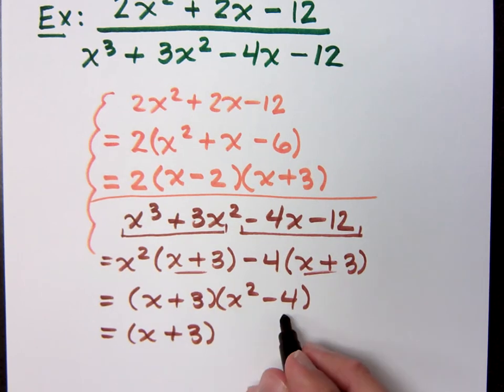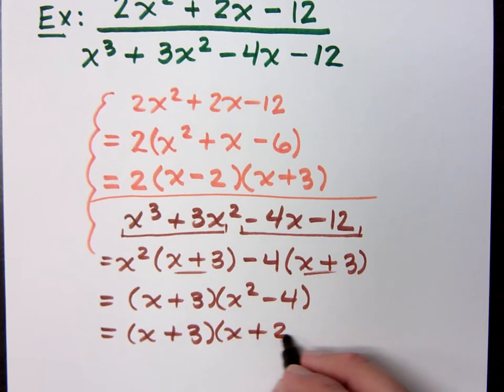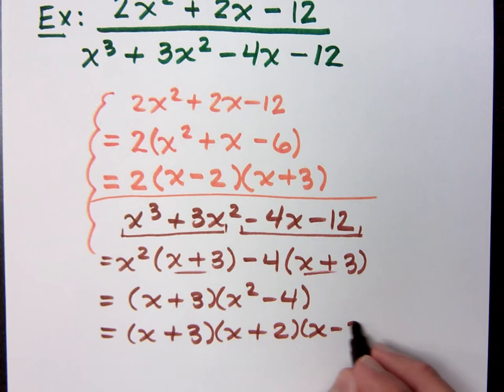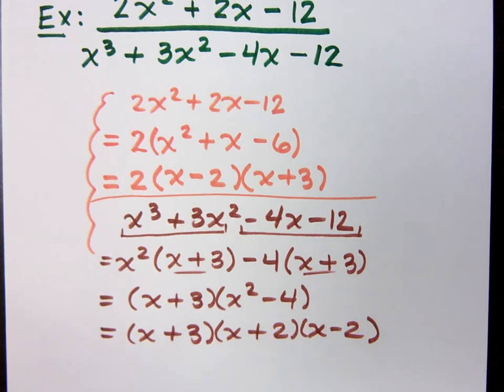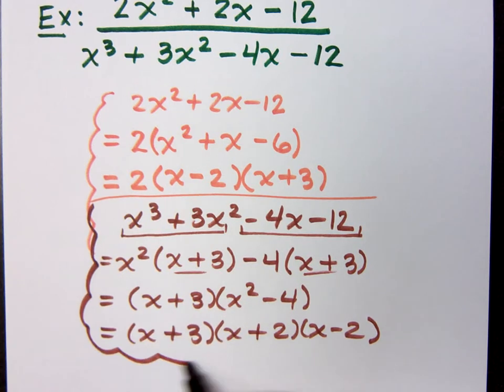How do I factor x squared minus 4? It's the difference of squares, so x plus 2, x minus 2. Do y'all agree? Now this was all in my thought bubble: how do I factor the numerator, and how do I factor the denominator?